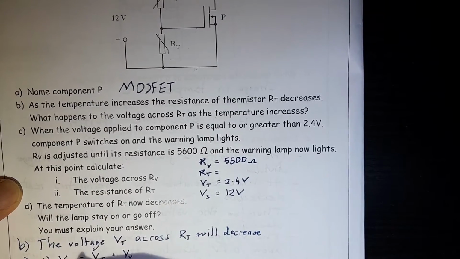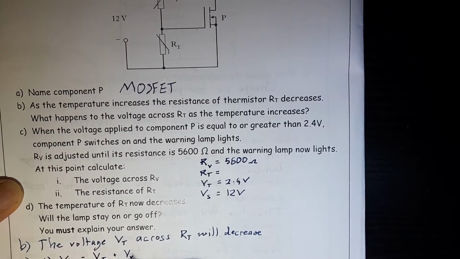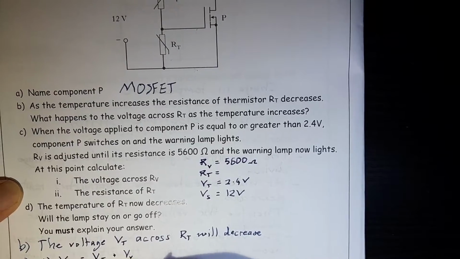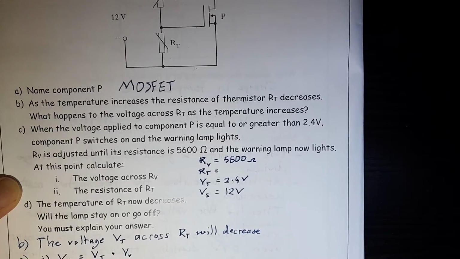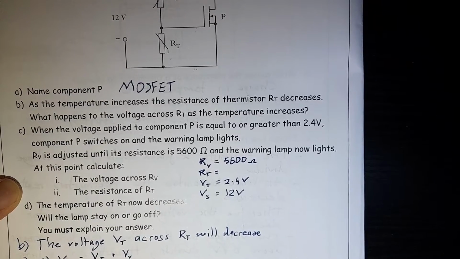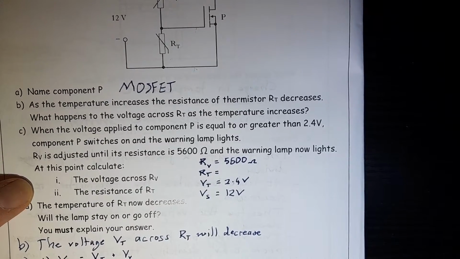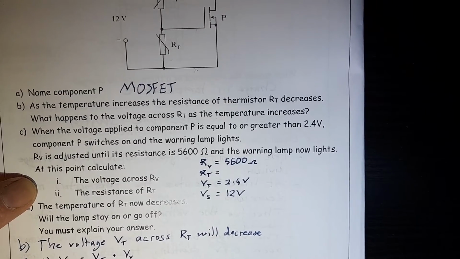So power supply is 12, the thermistor is 2.4, which means that the variable resistor must be the difference between the two of those, which is 9.6 volts. So that's the voltage across RV.